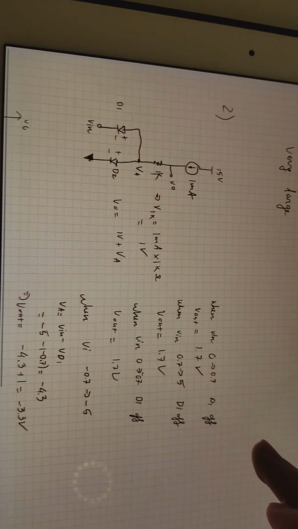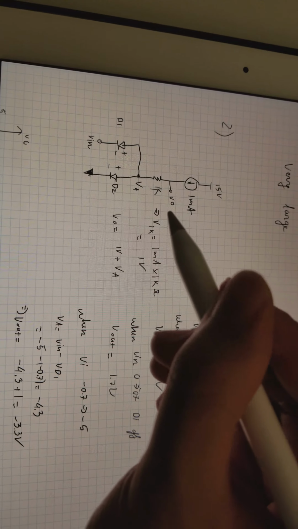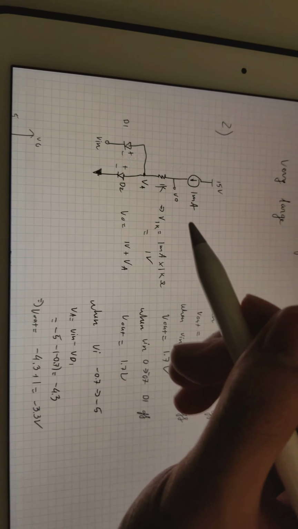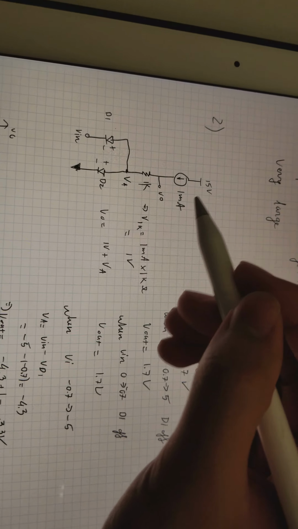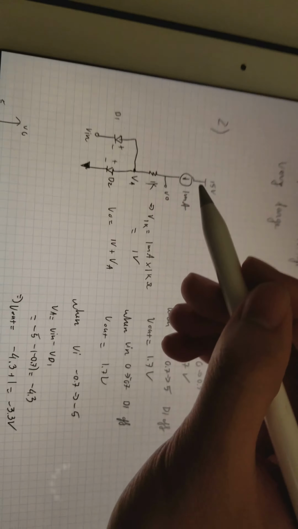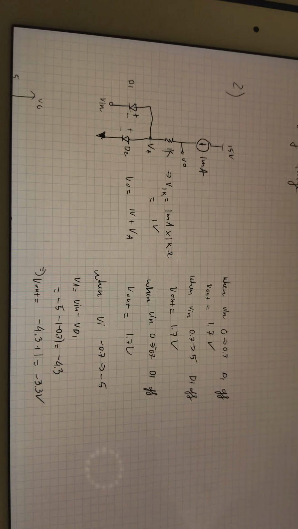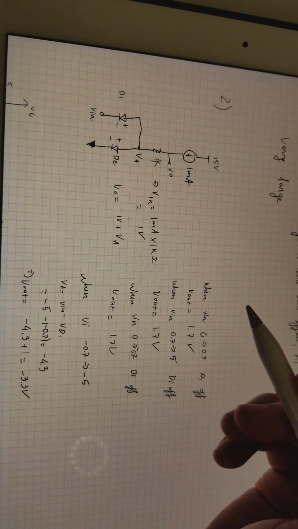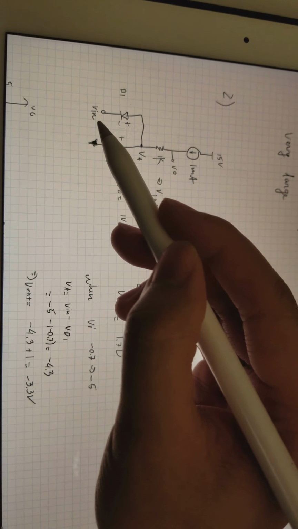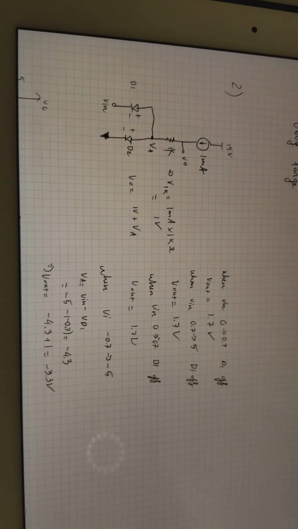For problem 2, here is the circuit, and the question is to find the voltage output. We have the 15 volt input and the current source, and we know that the current source can absorb some voltage as well. The V input right here has an amplitude of 5, so it goes from -5 to 5.